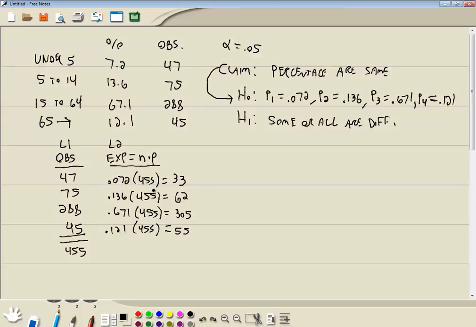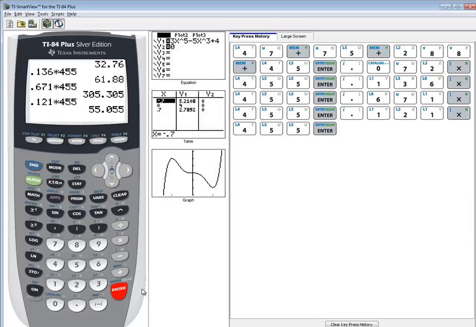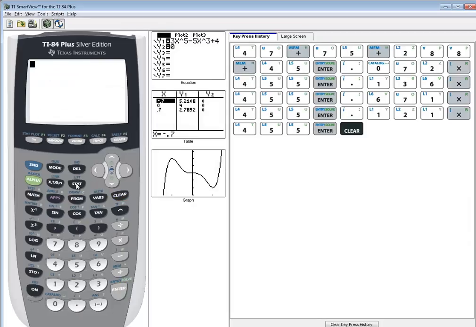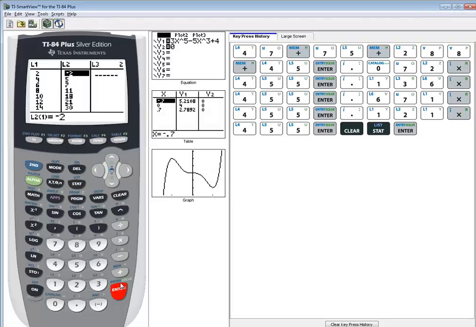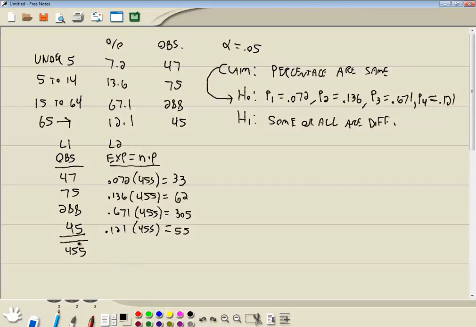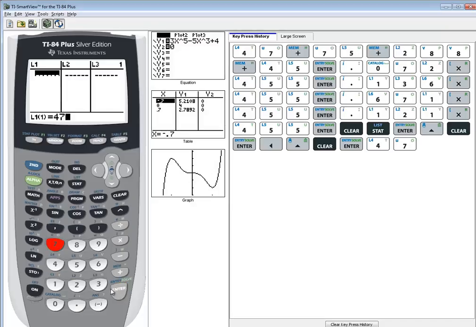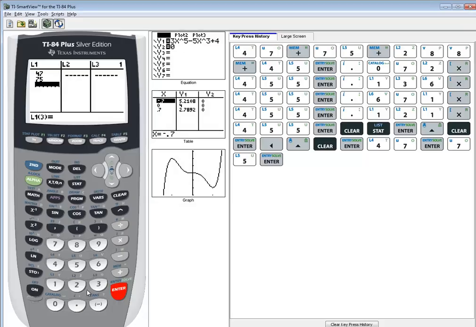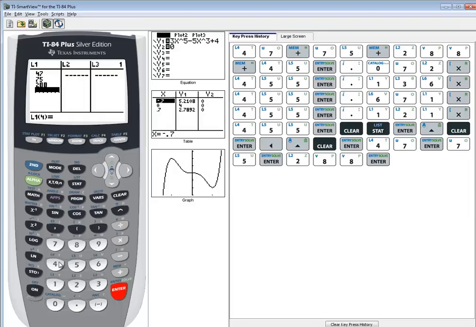Okay, so we'll put these in L1, we'll put these in L2, and let's see where that goes then. So press my stat, and then I'm going to go into edit. I'm going to clear out those numbers. And we got 47, 75, 288, 45.